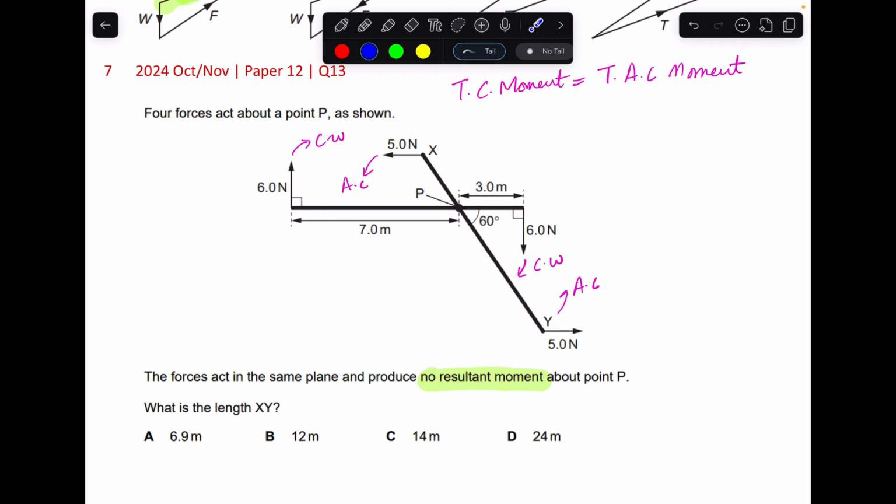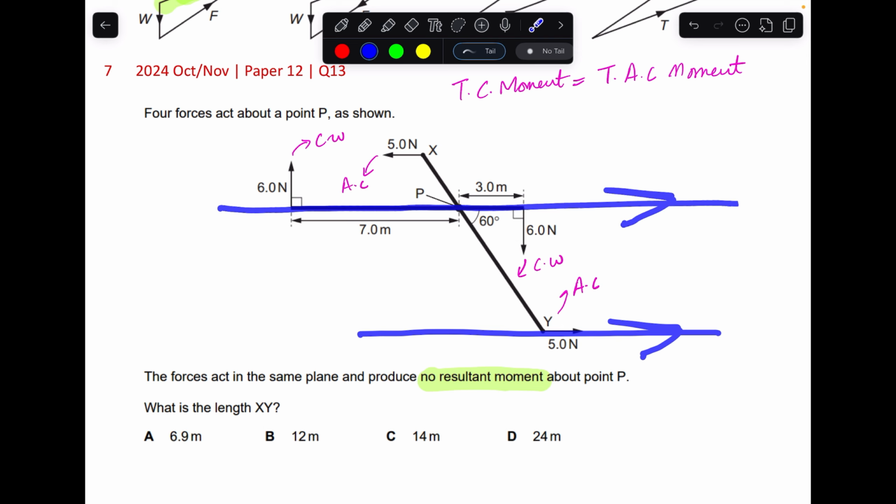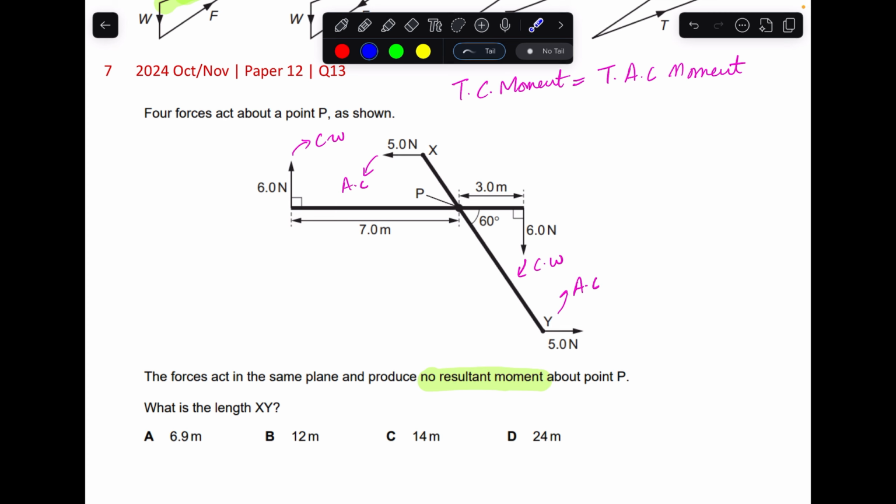Okay, same is the case with this one. So if this is the force, this is the line of action of the force. You have to draw or imagine a line parallel to this line but passing through the pivot point. This is the second line. So this distance will be considered for this moment. Okay, so let's do this.